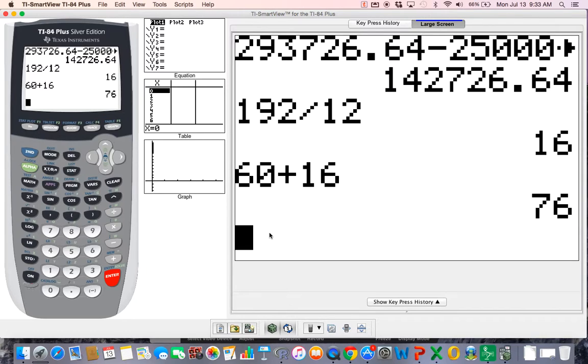So who knows what's going to happen in the next 30, 40, 50 years. But long story short, it's very, very likely that these people will live longer than age 76.